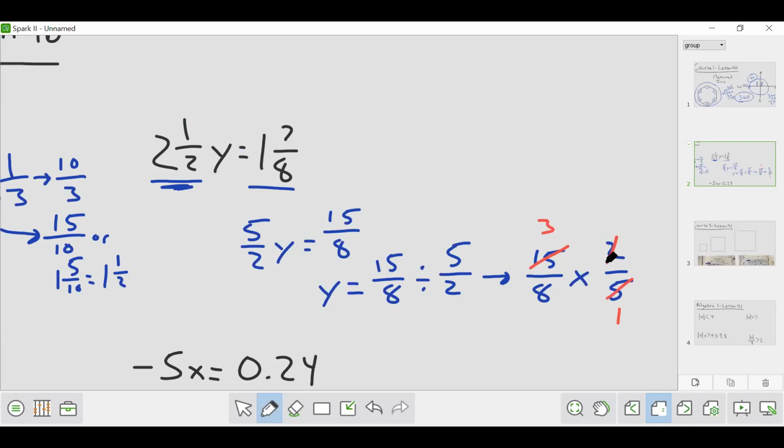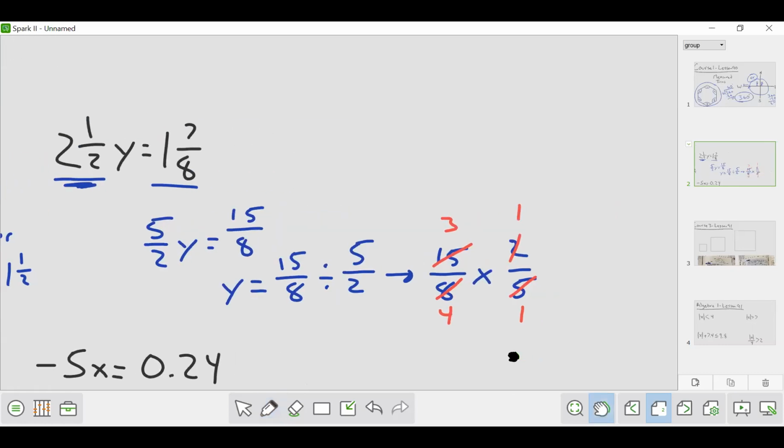I can divide that by 2 and get a 1, and divide that by 2 and get a 4. And so what do I get now? I get 3/4. Okay? So what is y? Y equals 3/4. All right?